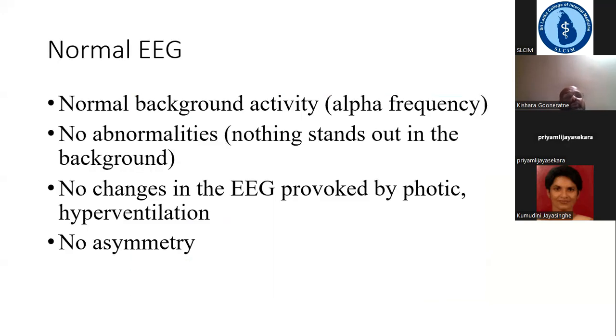So what do we mean by a normal EEG? It is normal background activity, which is alpha frequency in an awake adult over the age of 18 years.